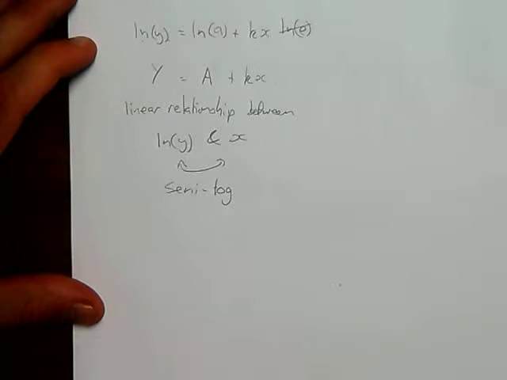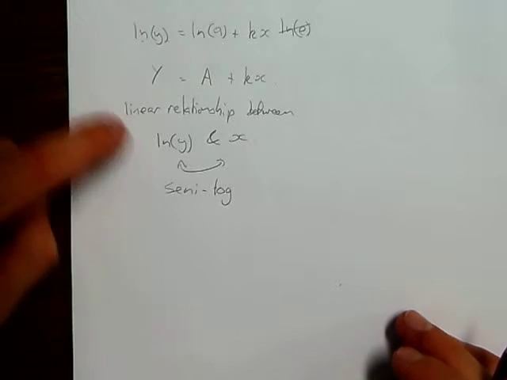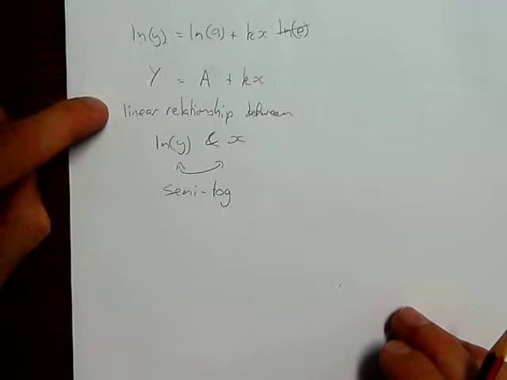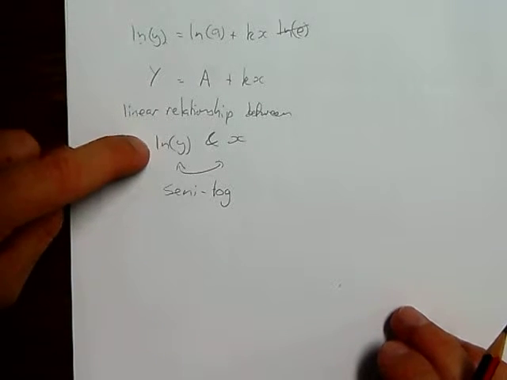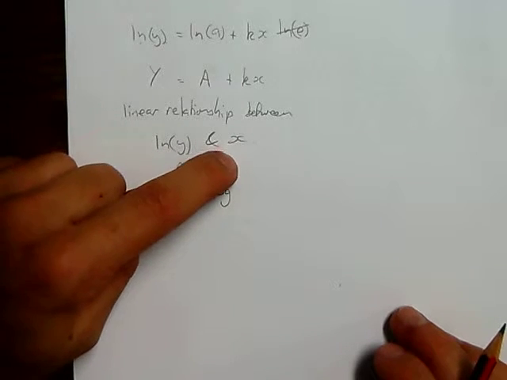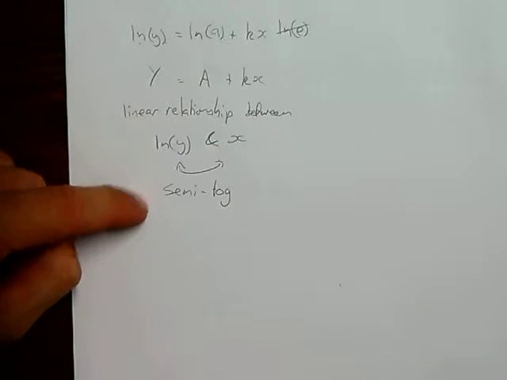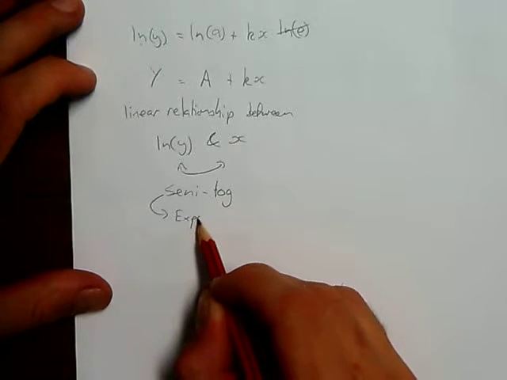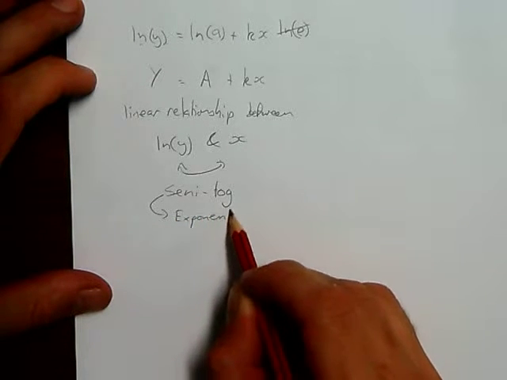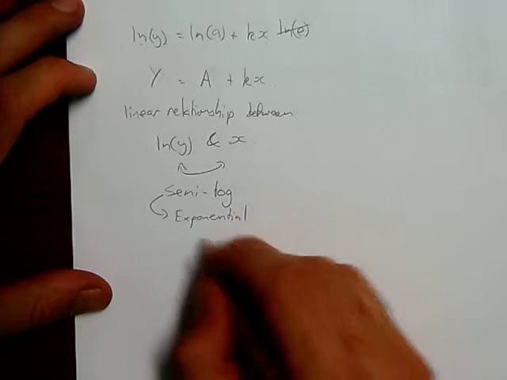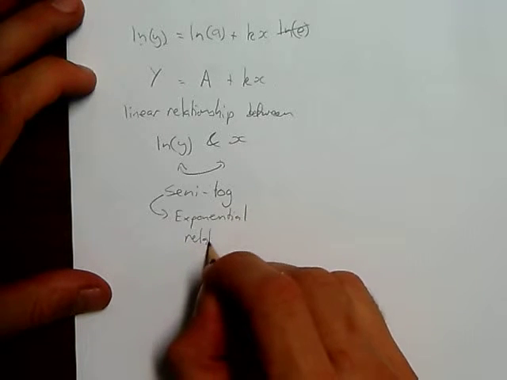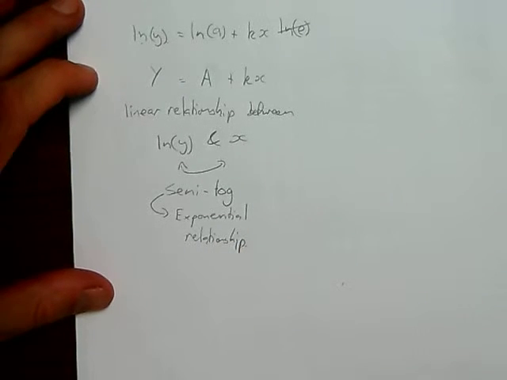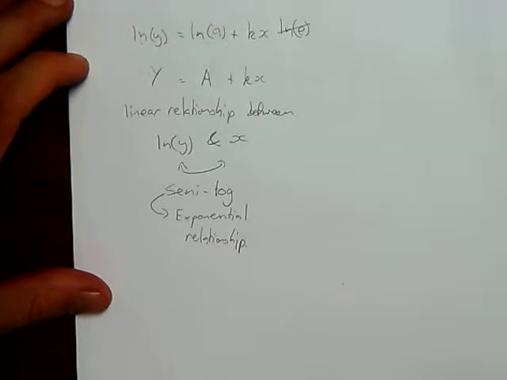Okay, so if we have a semi-log relationship that's linear, in other words, we have a linear relationship between the log of y and x, then we have an exponential relationship.